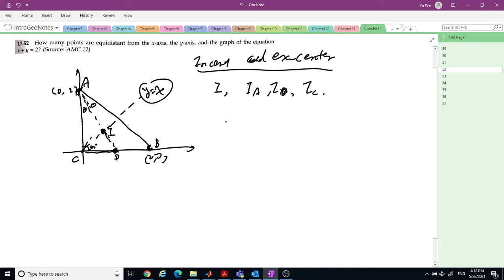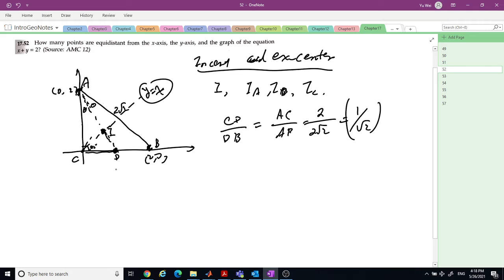We know CD over DB will be equal to AC over AB, right? So AB is 2 root 2, so it equals 2 over 2 root 2, which is 1 over root 2, right? So now you can see the total is cut into 1 plus root 2 parts.